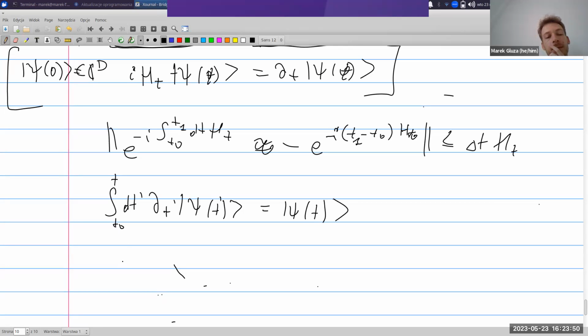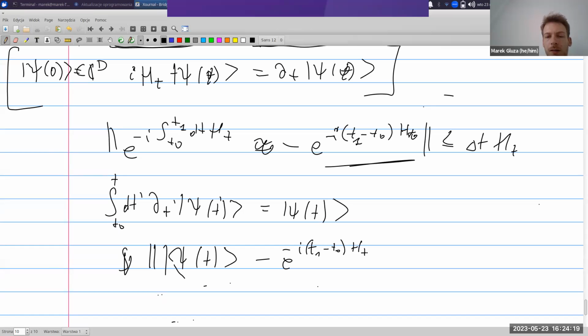So basically on a small interval, I can compare the solution to the piecewise constant approximation at the initial point. So psi of t minus e to I (t1 minus t0) h t0 psi 0.